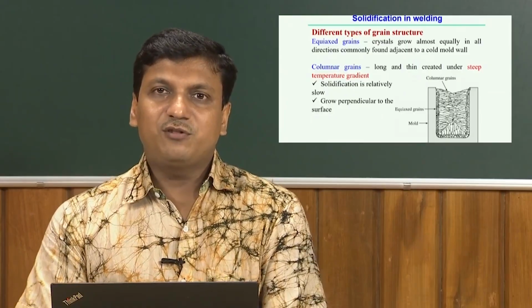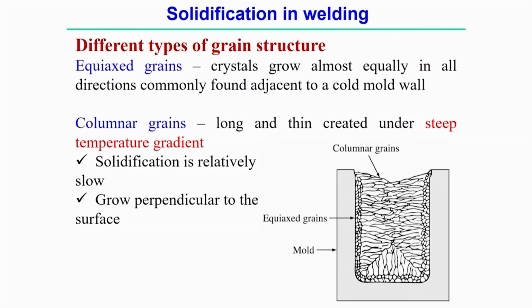Now, if we look into that, during this solidification process, different types of grain structure we can expect. Normally, one is the equiaxed kind of grains. If we consider the molten pool within the container, then the surface actually acts as a heterogeneous nucleation site.